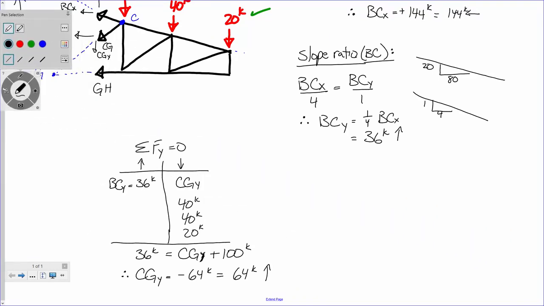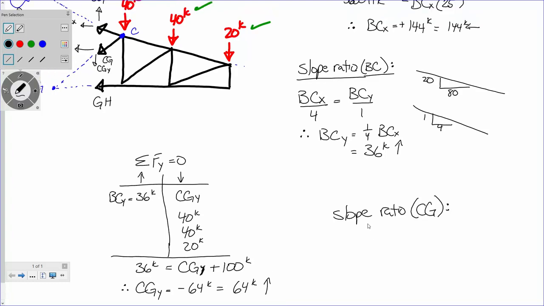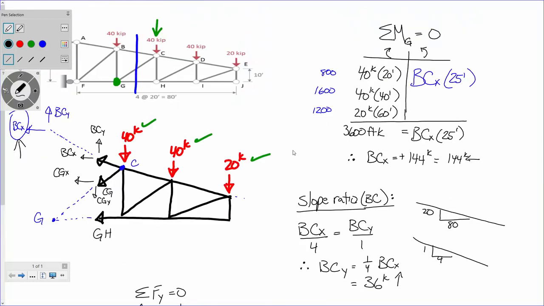I'm going to go use the slope ratio again. Let me scroll up here a little bit. So if I look at member CG, that change in horizontal distance is 20. What about the change in vertical distance? 20, right? So it's a 1-to-1, right?